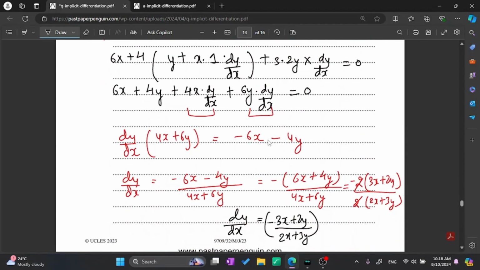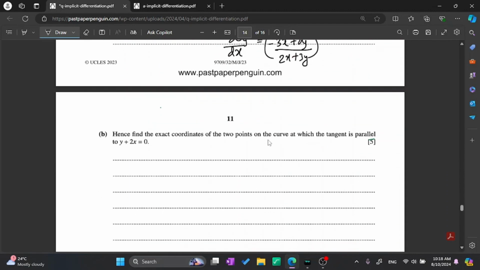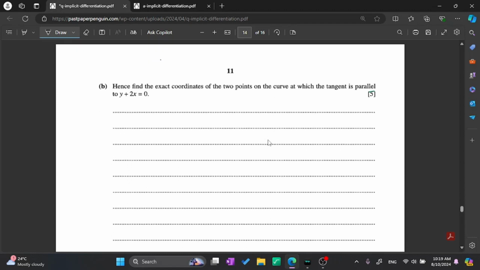Now, in part B, we need to find the exact coordinates of 2 points on the curve at which the tangent is parallel to y plus 2x equals 0. What this means is, let's say we have a curve like this. Now, we draw tangents from 2 points.